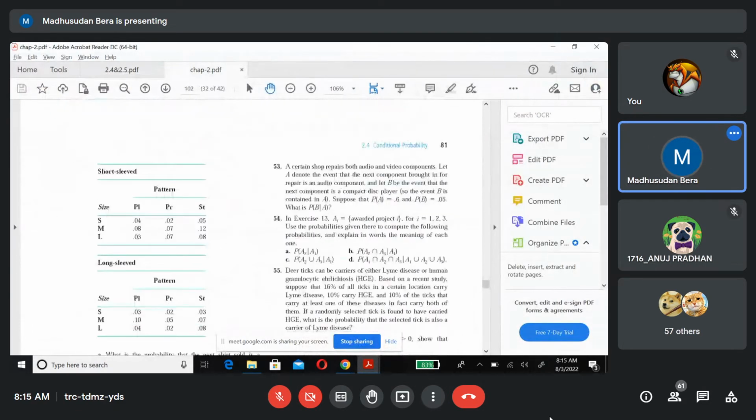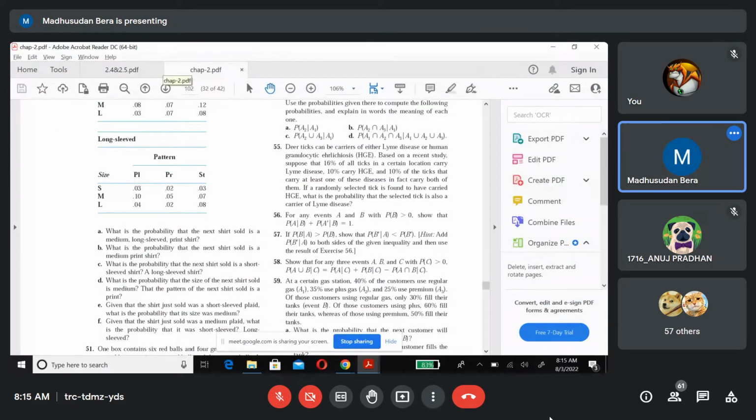Suppose 58: for any three events A, B and C with probability of C greater than 0, P of A union B given C is P of A given C plus P of B given C minus P of A intersection B given C. Remember, what is P of A union B? P of A plus P of B minus P of A intersection B. Just conditional probability applied there. So that way you can remember.